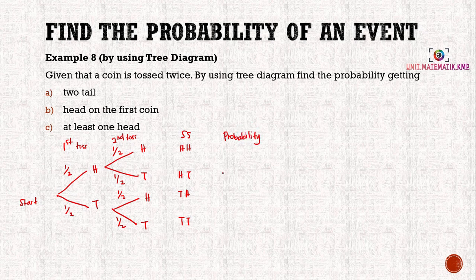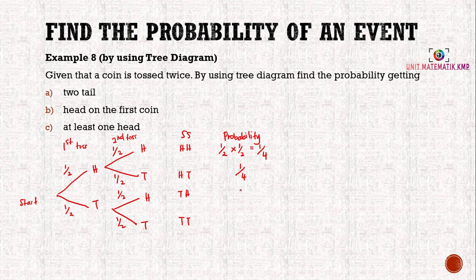Okay, in the previous lecture, it's noted that to find the probability, you need to multiply the branch. Okay, the first branch, HH ni, we need to multiply 1 over 2 times 1 over 2. And then you can get 1 over 4. And then you repeat for the second branch, which is HT. So sama juga 1 over 2 times 1 over 2, you can have 1 over 4.